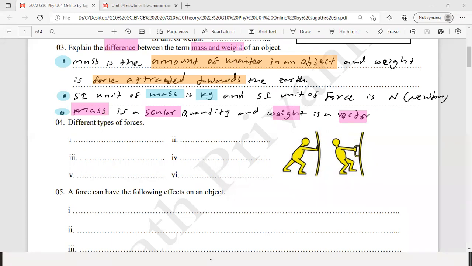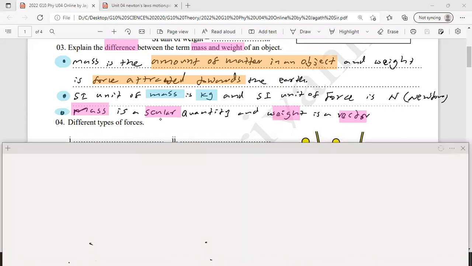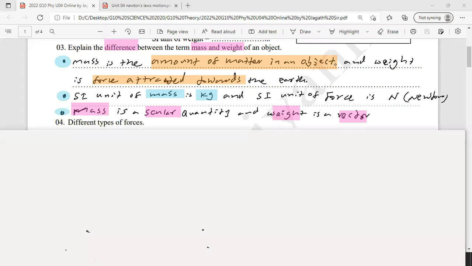That's very important. Can you write that in your writing book separately? In other words, weight is dependent on gravitational acceleration, but mass is independent of the gravitational acceleration. You can write down this extra point in your writing book.